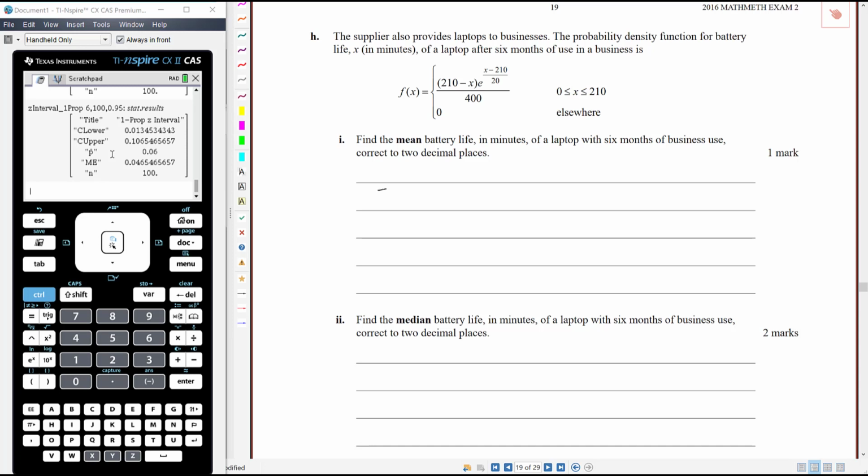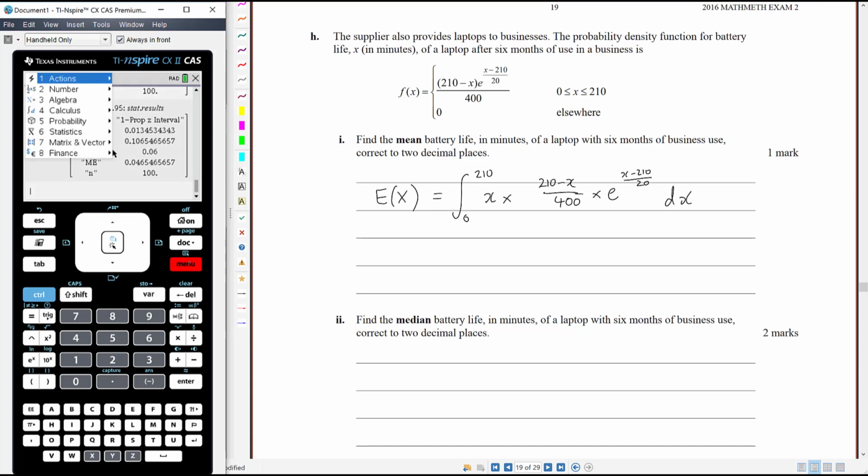Okay, so we know that the expected value of X is going to be the integral over the domain, which is from 0 to 210, of X times the function. So (210 minus X) over 400 times e to the power (X minus 210) on 20.